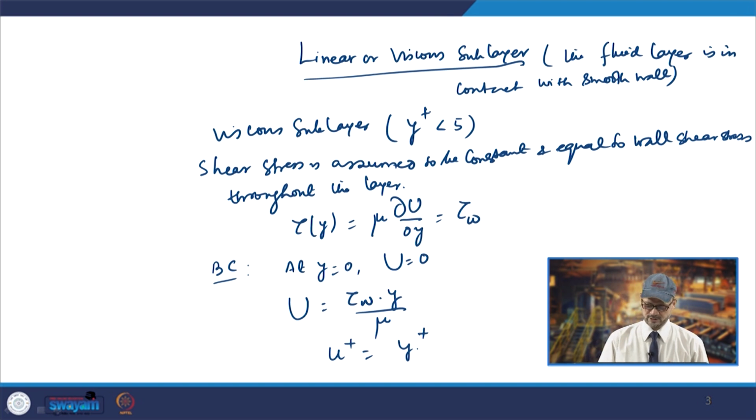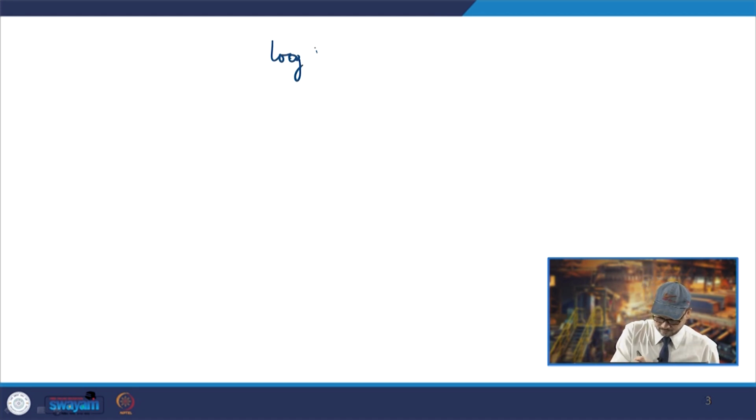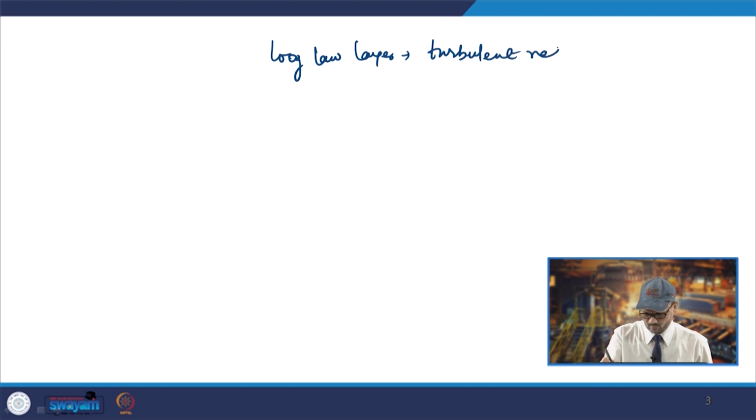Now, if you go outside this viscous sublayer, you have a log law layer. That is basically the turbulent region close to a smooth wall.